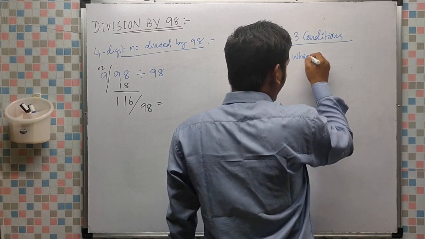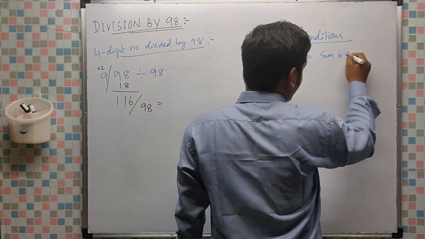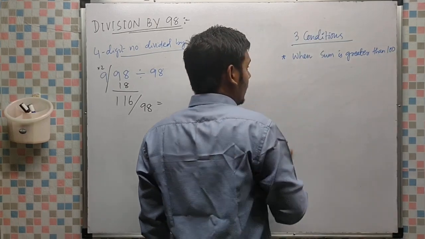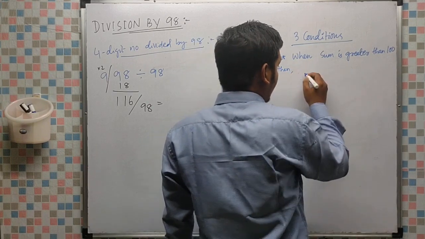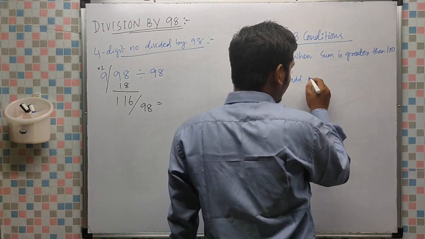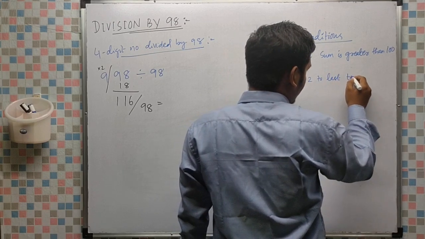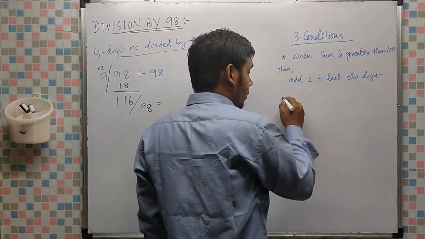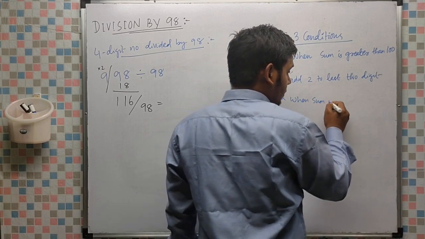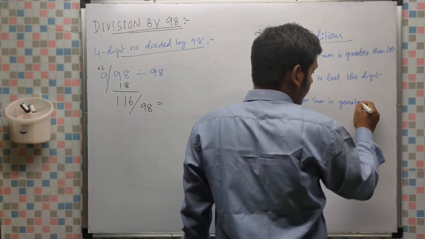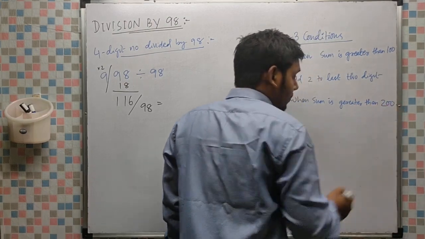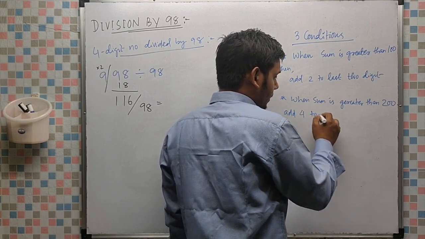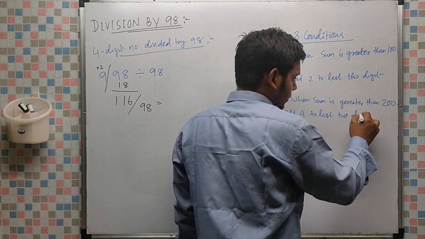First condition: when the sum is greater than 100, then add 2 to the last 2 digits. When the sum is greater than 200, if the sum is more than 200, then add 4 to the last 2 digits.